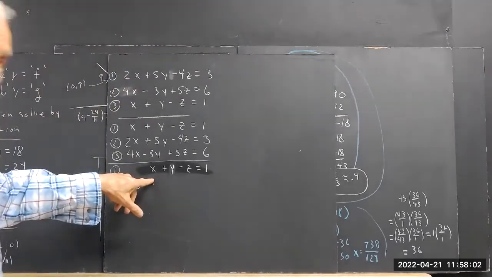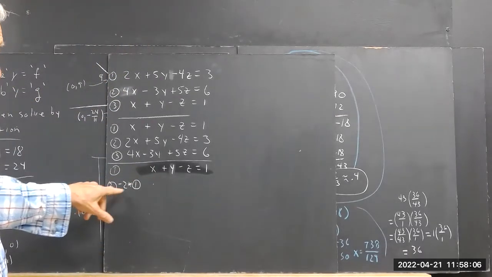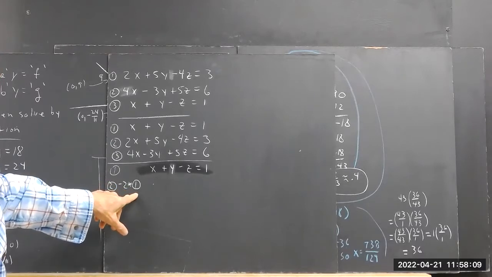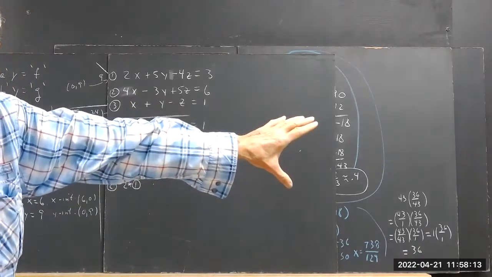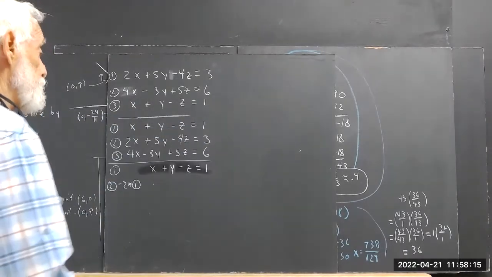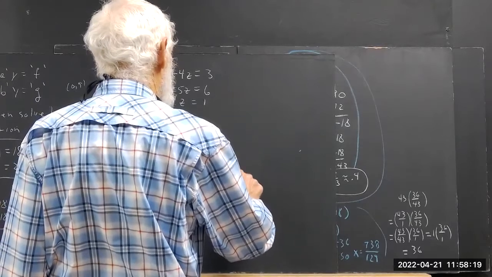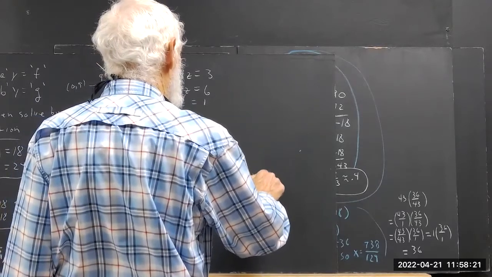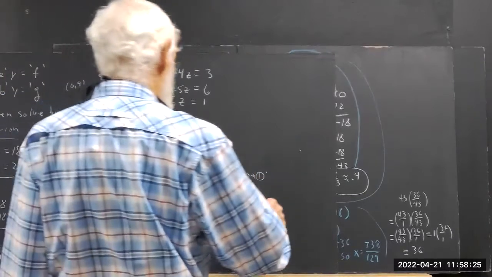Now, when I do this, equation 2 minus 2 times equation 1, I'm not going to do it below here. I'm going to do it off to the side. So I'm going to say equation 2 minus 2 times equation 1 is what?